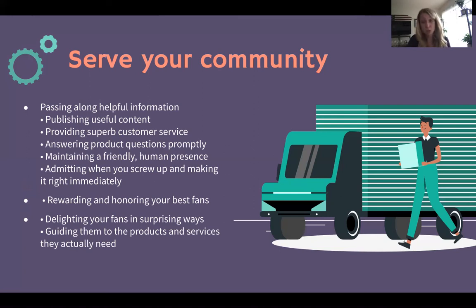Maintain that friendly human presence, even though customers might not be able to actually talk to humans in your brand all the time. And admit when you screw up and make it right immediately. That's customer service. Reward and honor your best fans, highlighting them, giving them discounts maybe, and delight your fans in surprising ways. Give them behind the scenes stuff, give them a little touch base with the actual humans in the company, and guide them to the products and services they actually need.